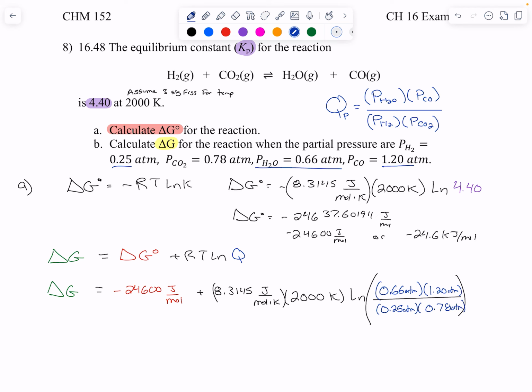All right. Let's see what we get for delta G. Negative 24600 plus 8.3145 times 2000 times the natural log of all of this, 0.66 times 1.2 divided by 0.25 divided by 0.78.